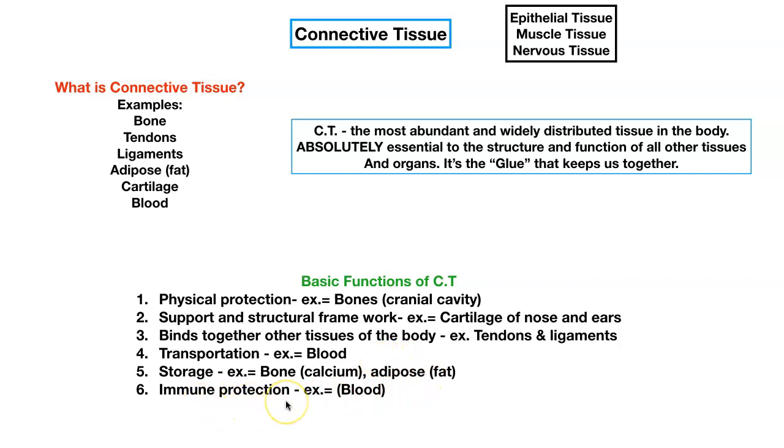And immune protection. Anything that has white blood cells is going to protect us from everything outside that wants to kill us. So blood obviously carries lots of white blood cells, and there are some connective tissues that we'll talk about today that actually have white blood cells within them also.